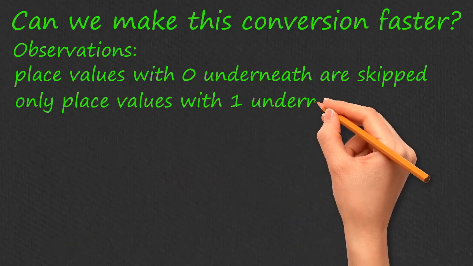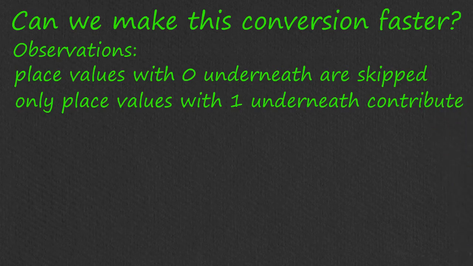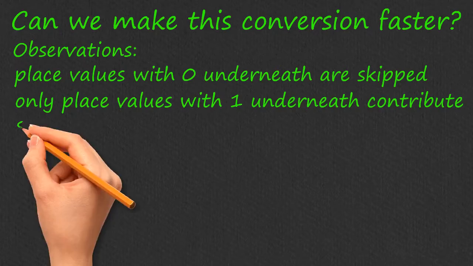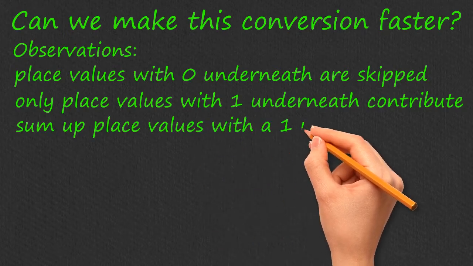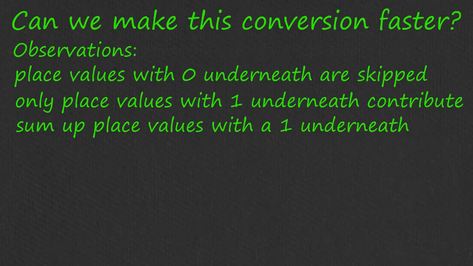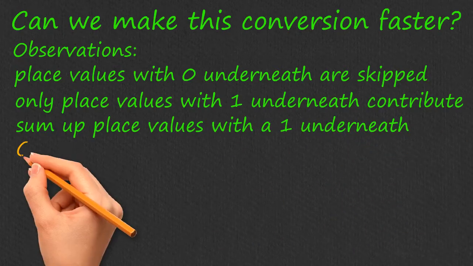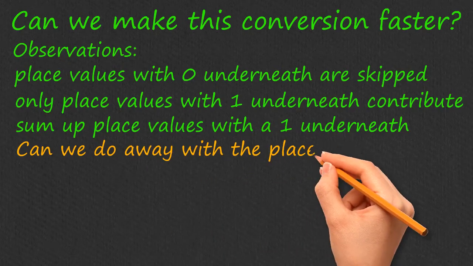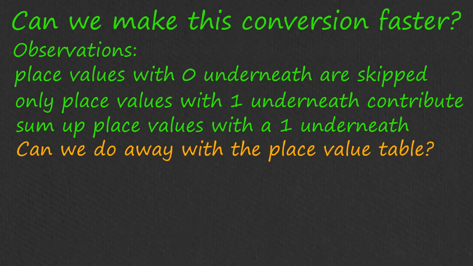Next, the place values with 1 are the only place values that will contribute to the sum, and they will only contribute their values once, as anything multiplied by 1 is itself. So we can just sum up the place values with 1 under them. Now, is there a trick for doing away with the place value table? After all, writing up the place value table is quite time consuming without the help of animation.